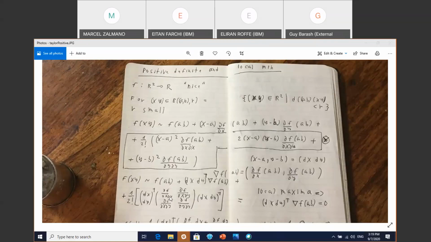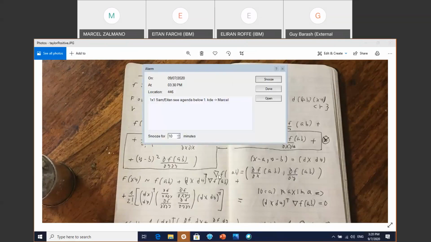Even with a one by one matrix, it will be the second order derivative of f, right? The second derivative. So what we are requiring then is that the second derivative is actually what?